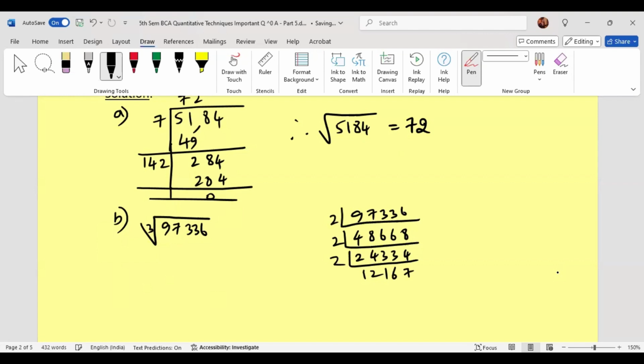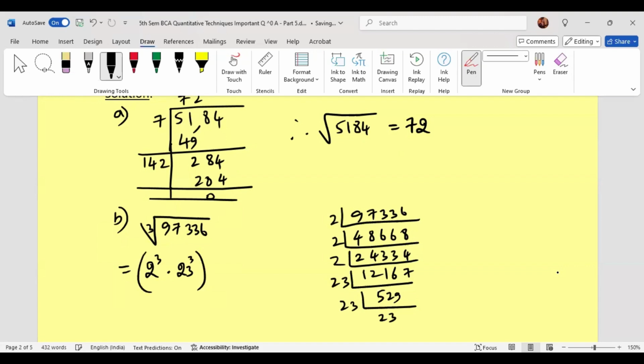This is divisible by 23. We get 529. Again 23, we get 23. So we can write 97336 as 2 cube into 23 cube.